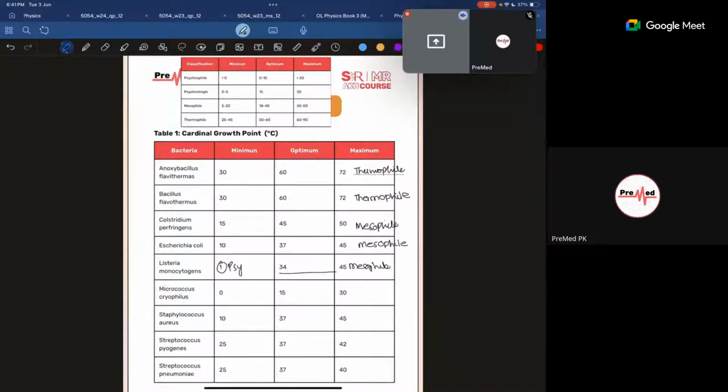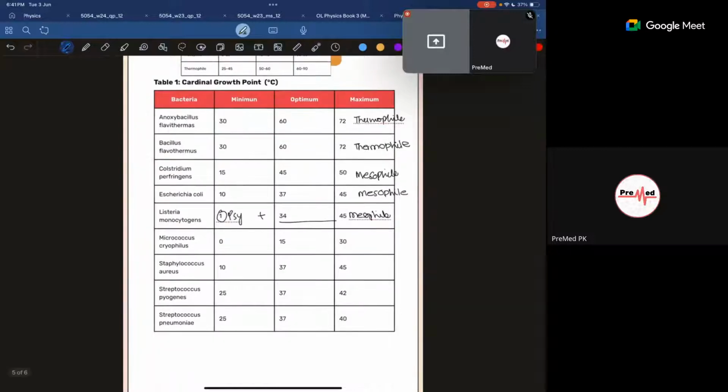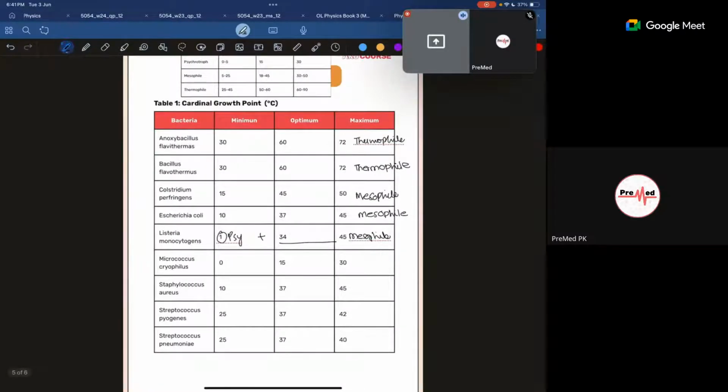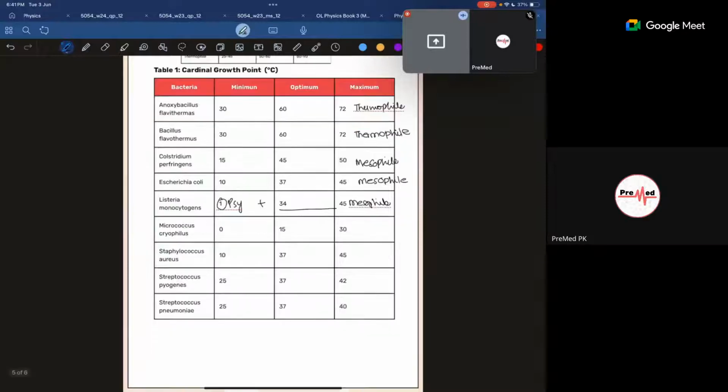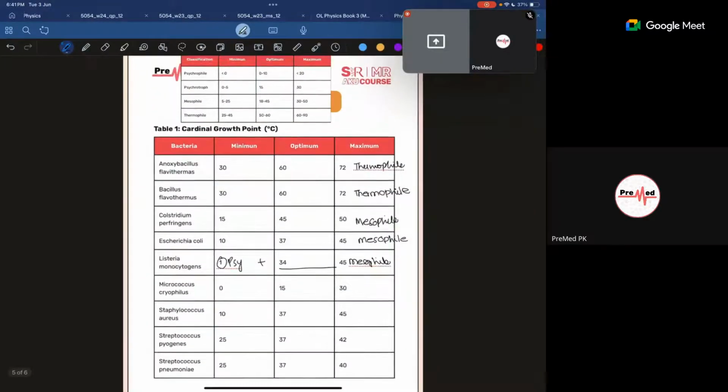So this shows that the bacteria is of both categories, psychrotroph as well as mesophile. Because of the minimum temperature of 1 degree Celsius, that will fall in the psychrotroph category. So for the sixth bacteria, it has a minimum of 0, that falls in the psychrotroph category, optimum of 15, that is again falling into the same category, and a maximum of 30, which again falls into the same category.